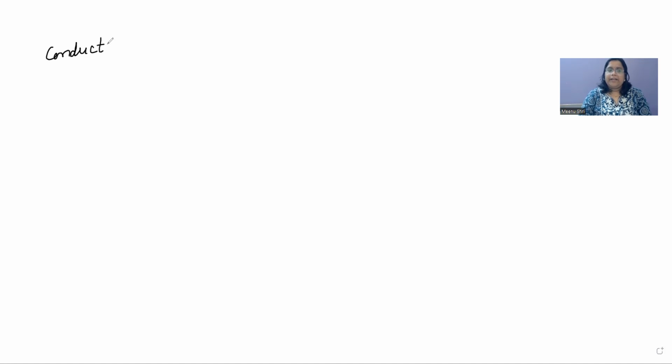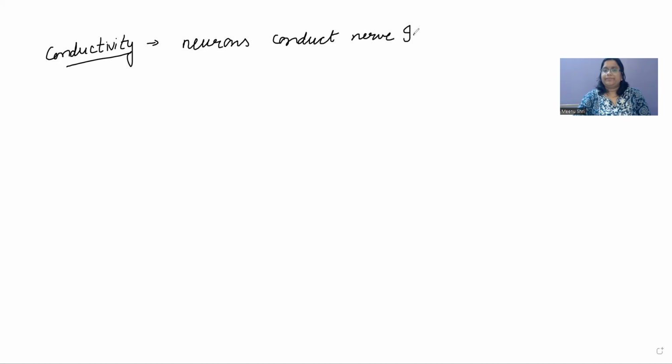Now, first we will discuss conductivity. As the word conductivity shows, the neurons conduct something. What do the neurons conduct? The neurons conduct nerve impulses on their entire length, on their entire axonal length.